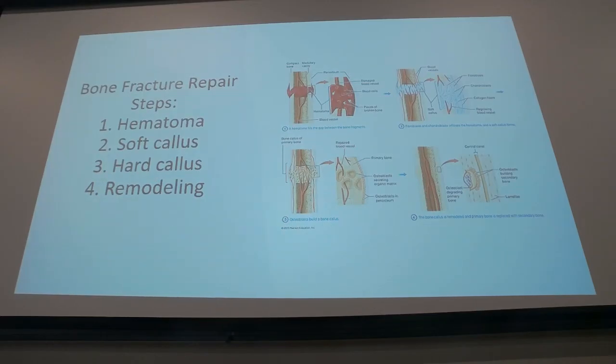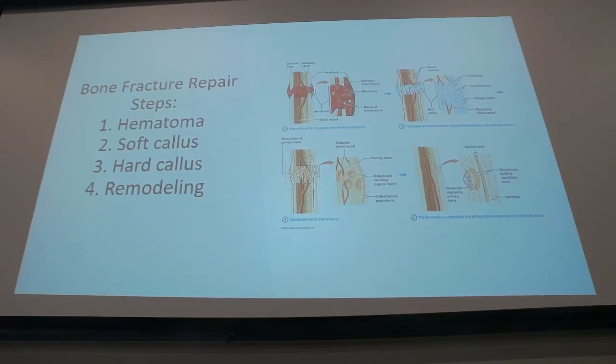So here are the steps of fracture repair. So you have here a break of these diaphyses. So these blood vessels, of course, will become damaged. They release blood, and this is hematoma. This blood will remain here.